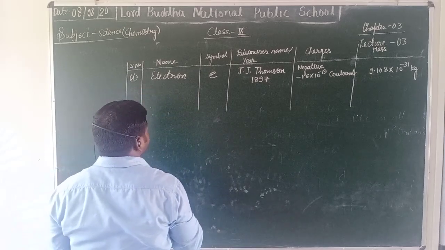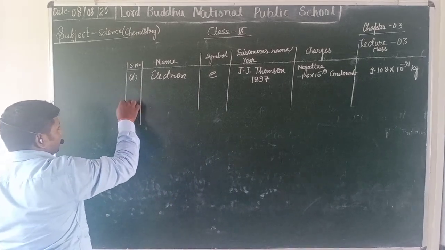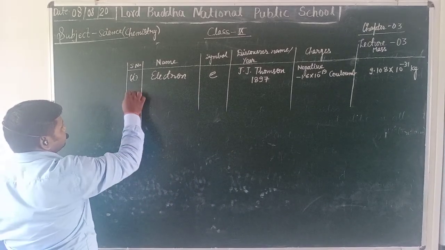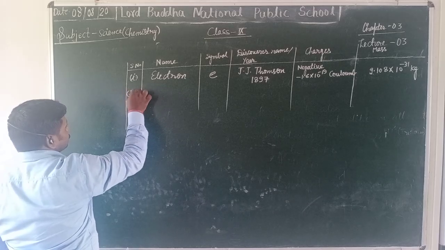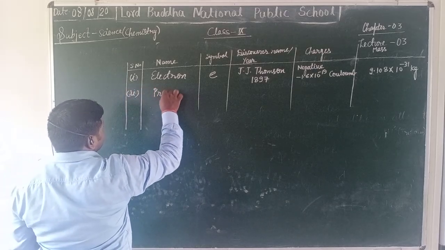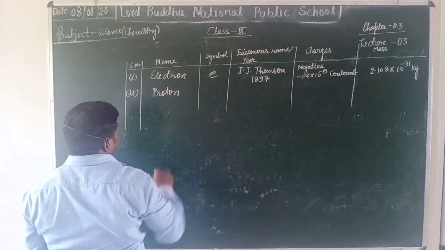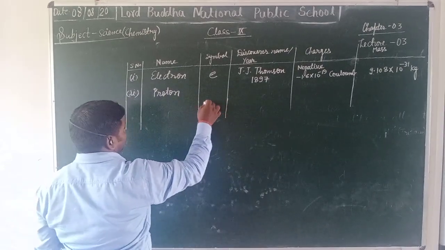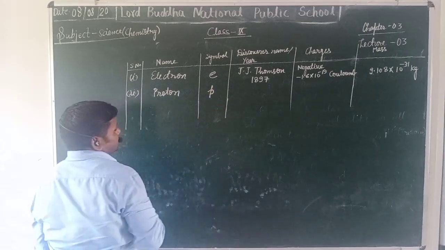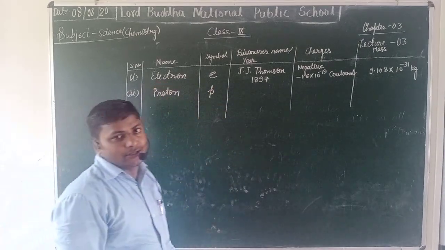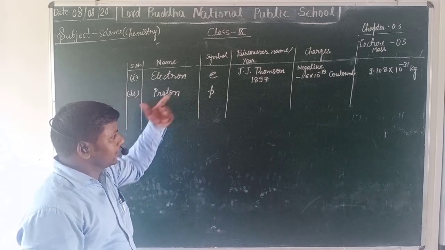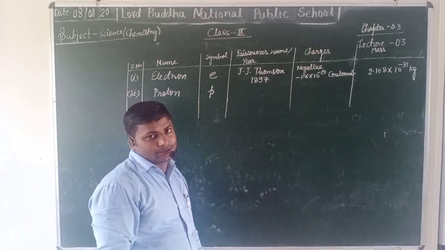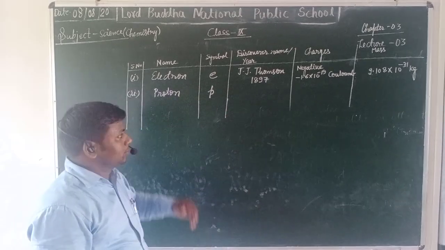Okay students, the second fundamental particle I take here is proton. There is a dispute about this fundamental particle because it was firstly discovered by Goldstein in 1880, but he could not explain the characteristics of this kind of particle.